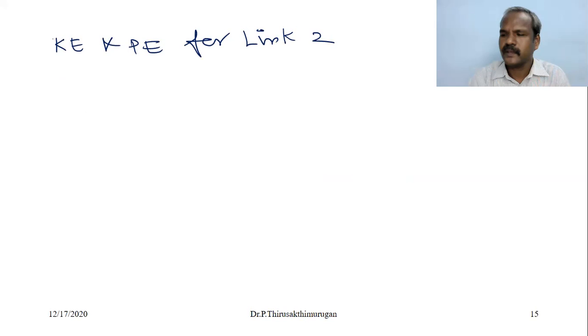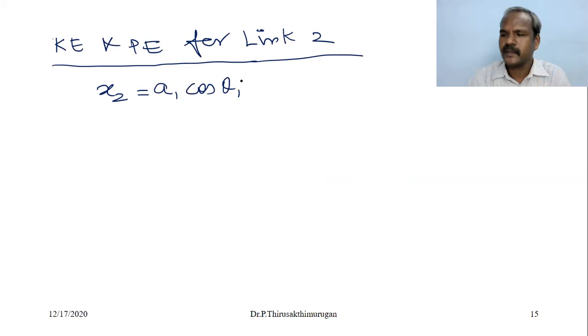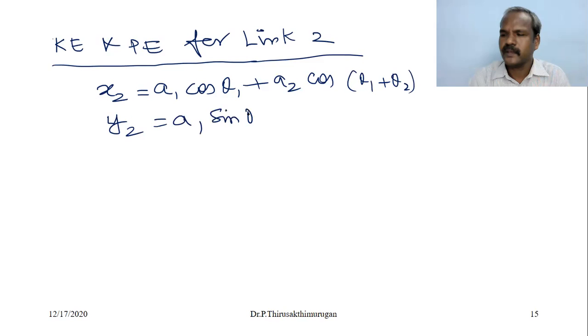What is forward kinematics equation? X2 equal to A1 cos theta 1 plus A2 cos theta 1 plus theta 2. Y2 equal to A1 sin theta 1 plus A2 sin theta 1 plus theta 2.